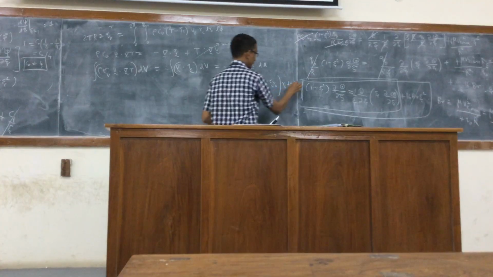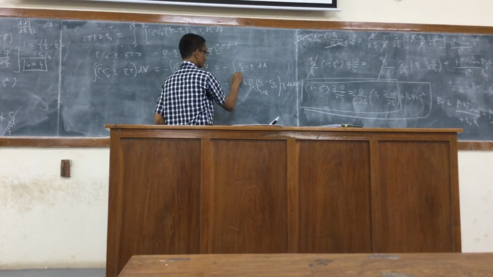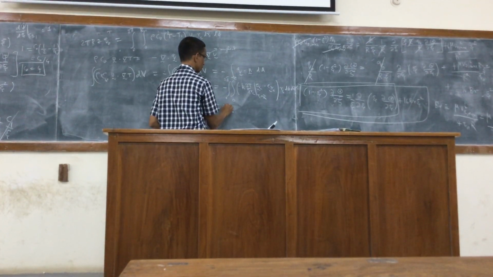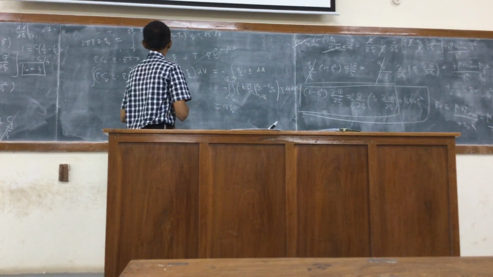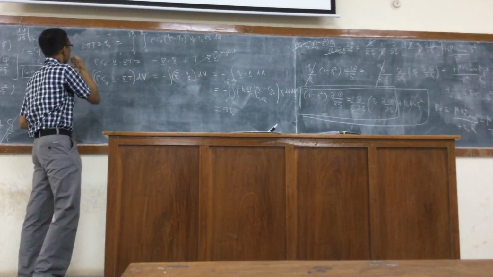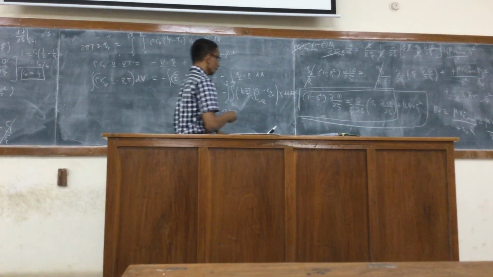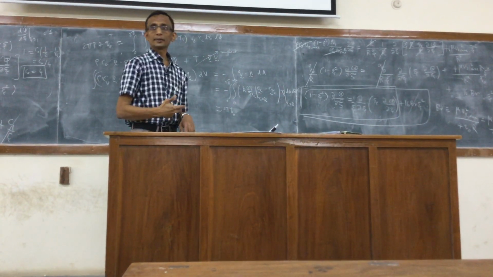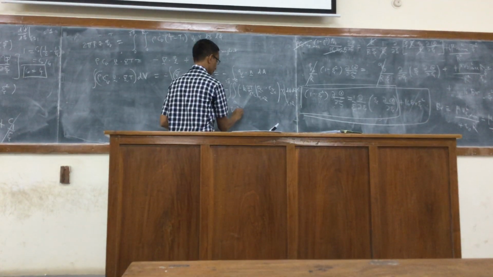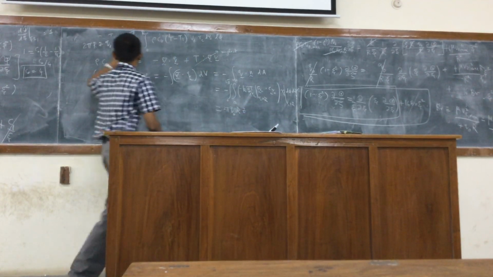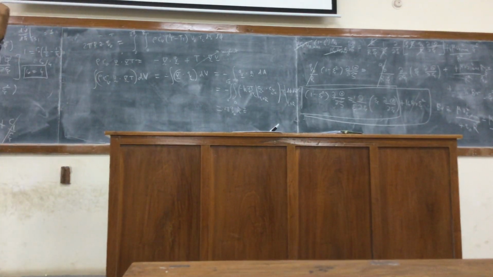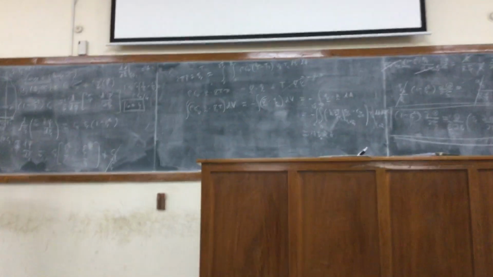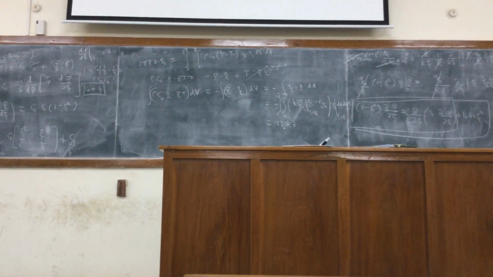You get dz prime, so this is 0 to z and 0 to 2 pi. So I get a 2 pi out. And RC is also at RC equal to R, because this is on the surface of the cylinder, right? So R Q naught Z, that's exactly what I am getting here.